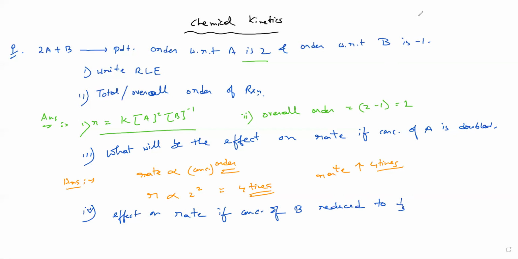Again, same thing. Rate is proportional to concentration to the power order. Now, in this case, for B, what should be the order? Concentration becomes 1/3, order is -1, so (1/3) to the power -1. So we can say 3 times. So rate increases by 3 times. Is it clear?